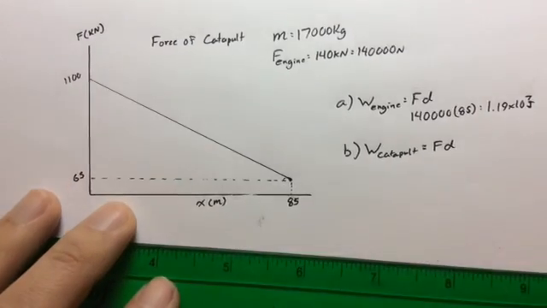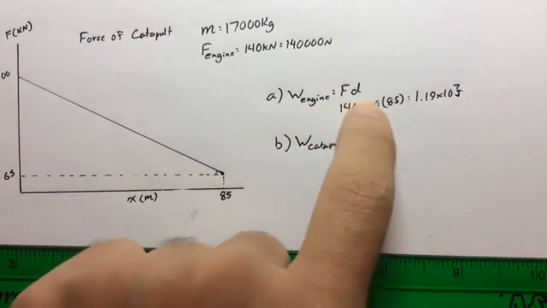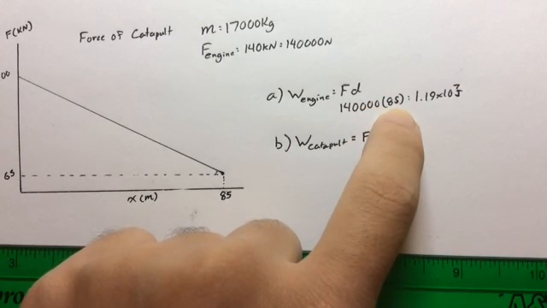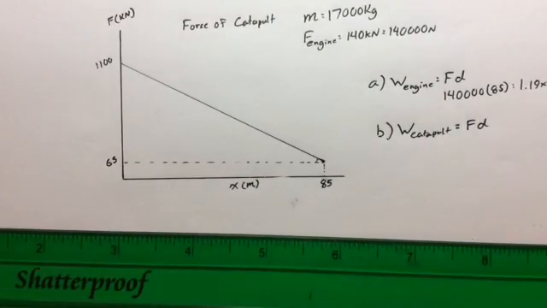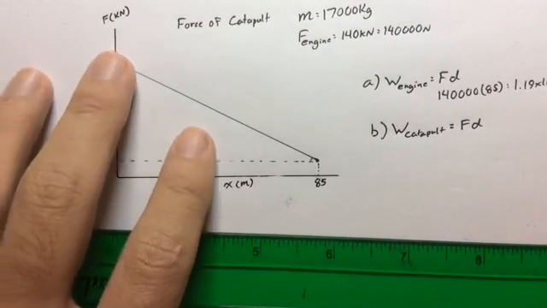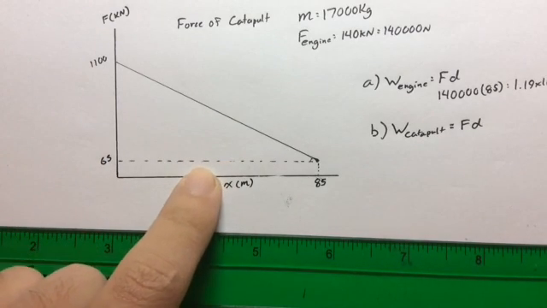Essentially what we did for part A was we took a constant force and multiplied by its distance, and we found the area of that rectangle that it would create if we graph that. Here, we've got to find the area of this triangle and add it to the area of this rectangle.